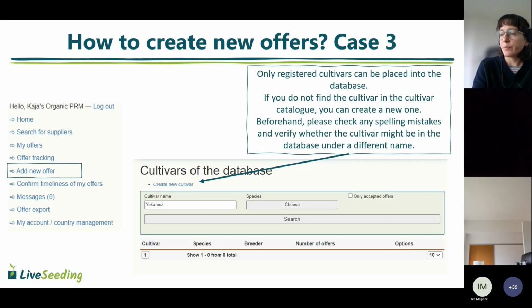So for instance, for some cultivars it's more common to use the French translation or the English-German translation, and then you can maybe first search for this denomination, or you can also search for all cultivars of a certain species and check whether it's already available. But if it's not available, you can click on Create New Cultivar.